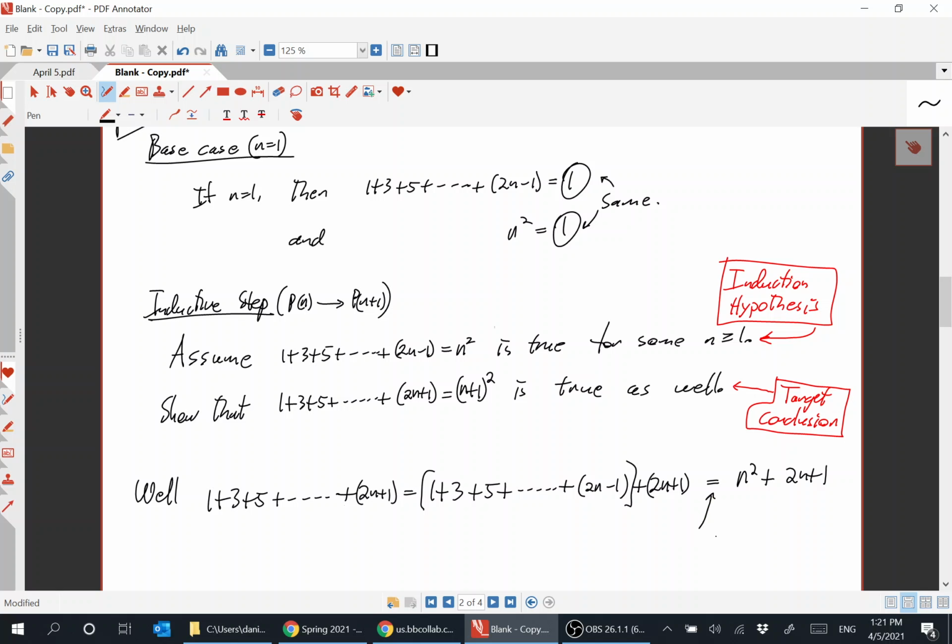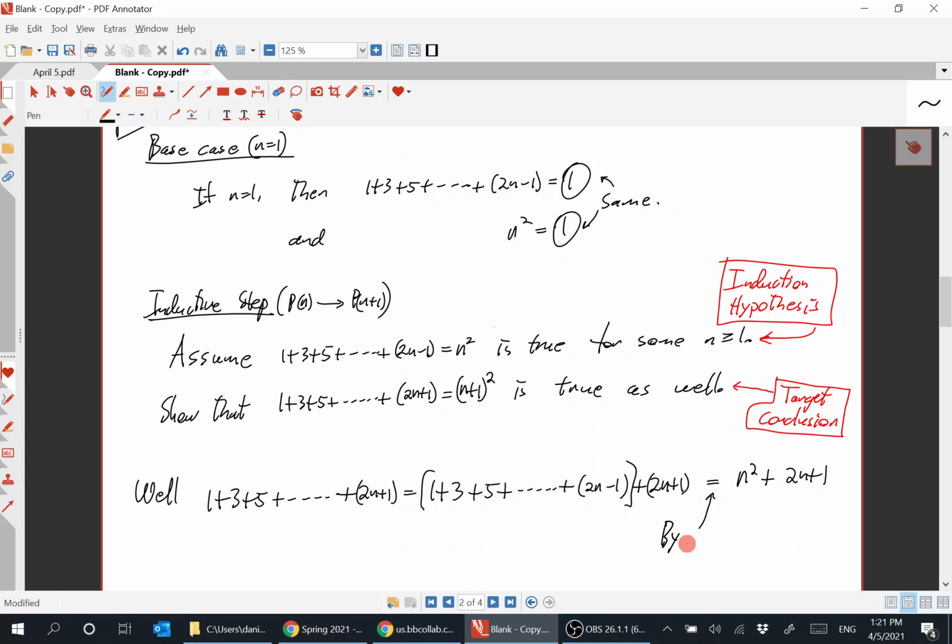Why? What is the reason for this equality? Well, we assumed it's true. What's that assumption called? It's called the induction hypothesis.